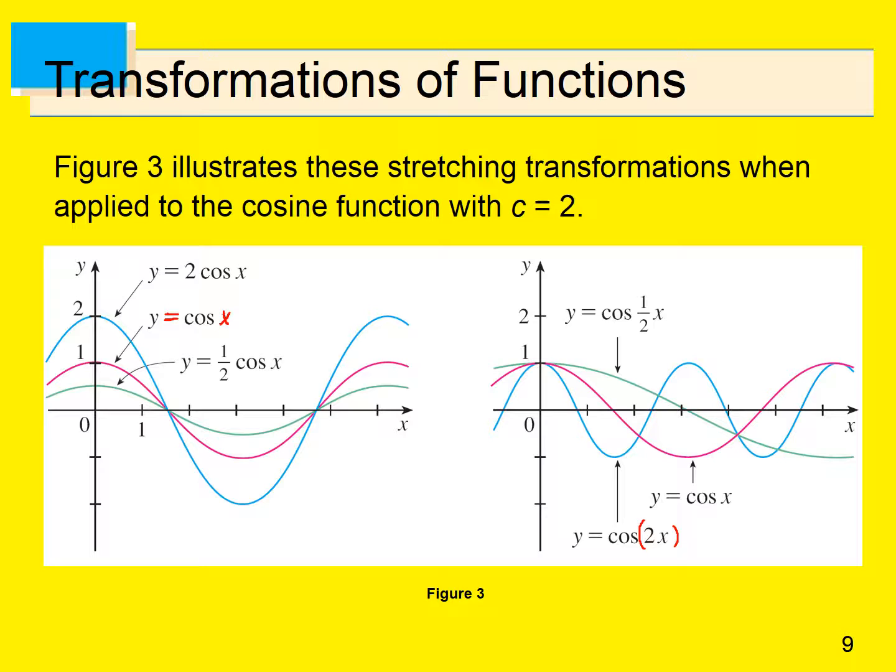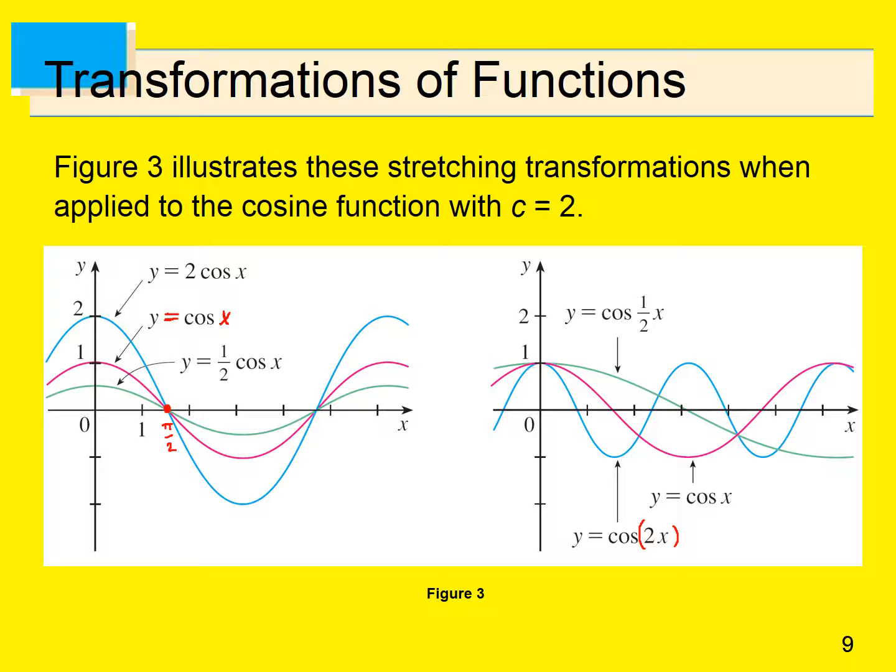We're going to get this blue graph, and that's the pink graph scrunched in toward the y-axis. So on the pink graph, let's look at this x-intercept here at pi over 2. Now pi over 2, that's half of 3.14 approximately, so it's about 1.57.